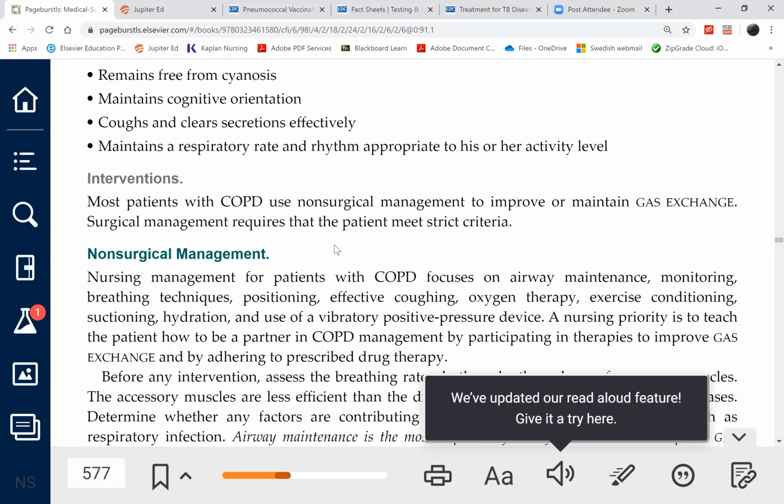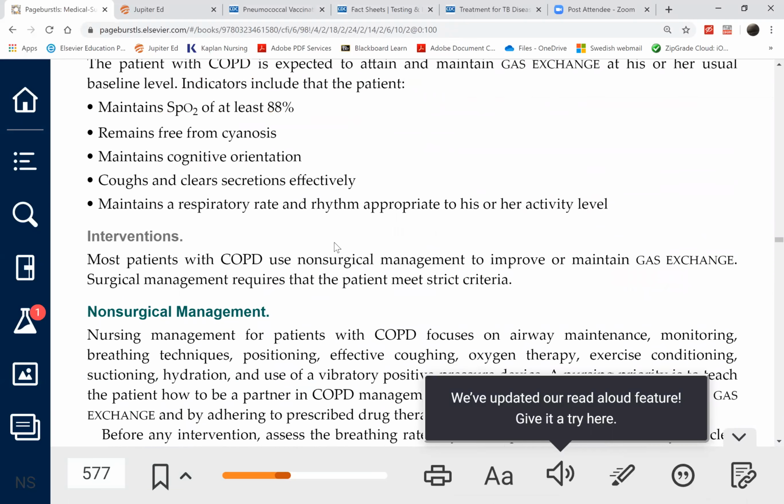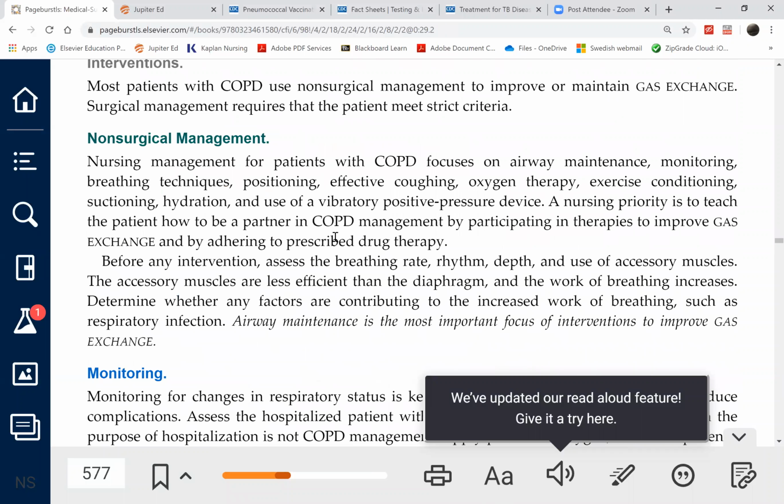Next is interventions now. We have standard interventions for any respiratory condition. Now, take note that your textbook uses exemplars. So this is a concept-based textbook.